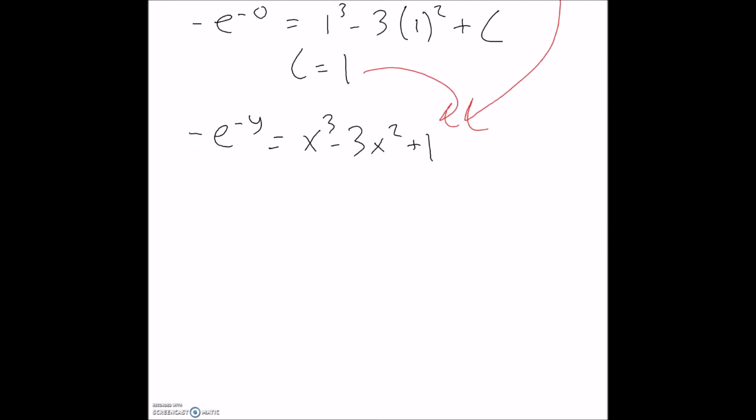We simplify for y, starting with distributing the negative, so it's e to the negative y equals negative x cubed plus 3x squared minus 1.